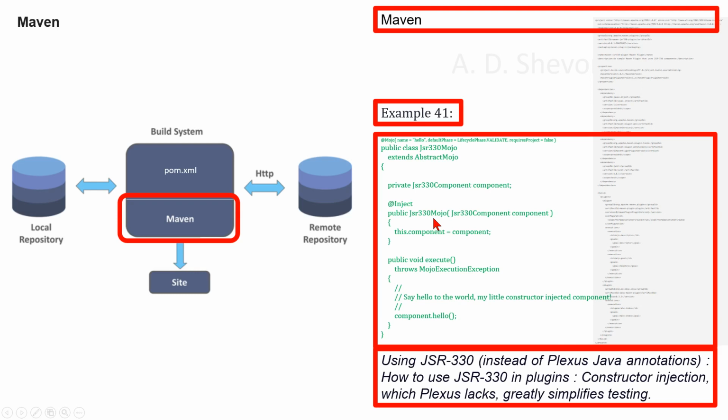The POM is set up for JSR 330 with the javax.inject dependency and the Sisu Maven plugin.